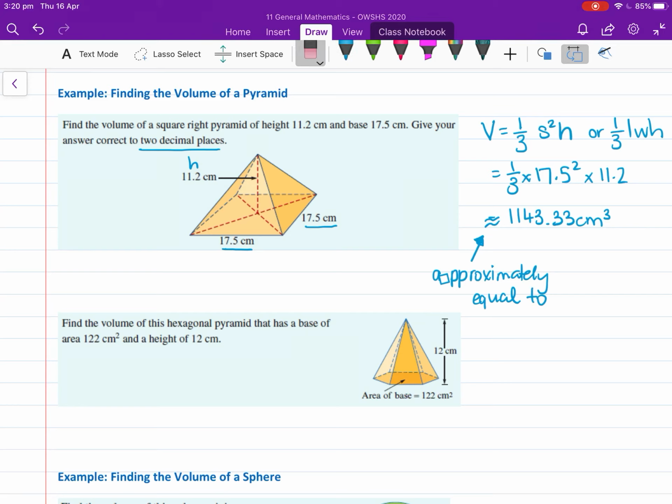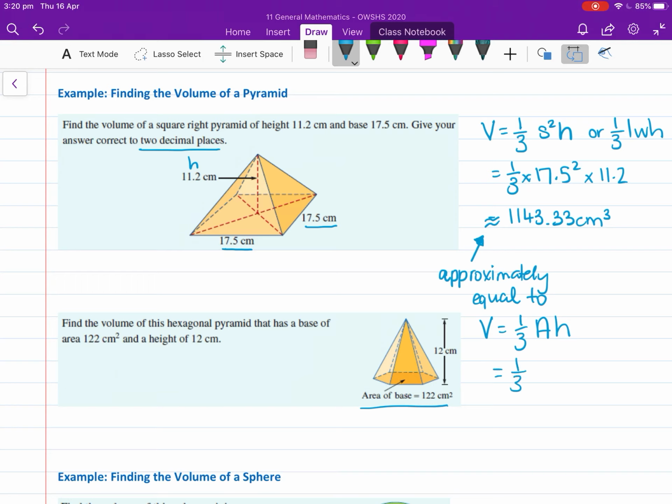All right, so from there, our last example is a hexagonal based pyramid, and this time we actually don't need to work out the area of the base because they've just given it to us. So our rule again is volume equals 1/3 the area of the base times the height.